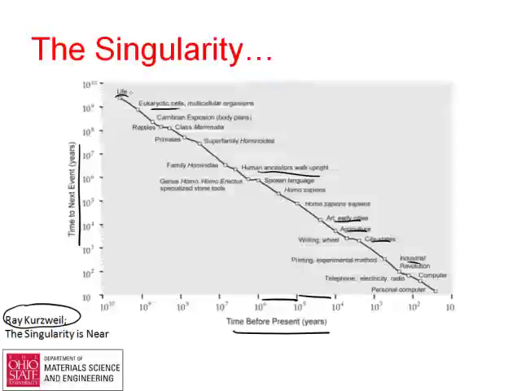And what we can see is back here in the day of going from, say, a multicellular organism to reptiles, the time between these events is on the order of 10 to the 8th, about 100 million to a billion years it took to get from these small cells to reptiles.